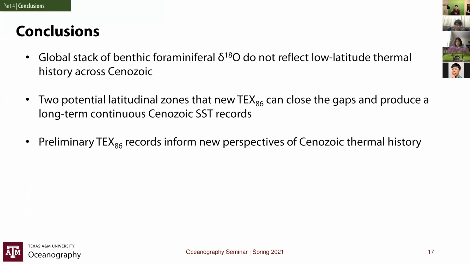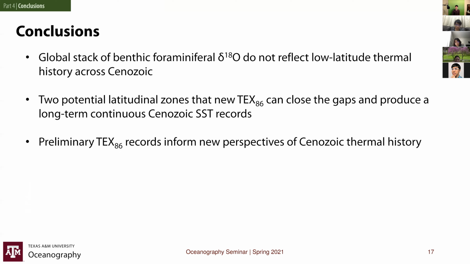I would like to end my presentation by saying that I hope I showed you that the global stack of benthic delta 18O does not reflect the low latitude thermal history of the surface ocean across the Cenozoic era.